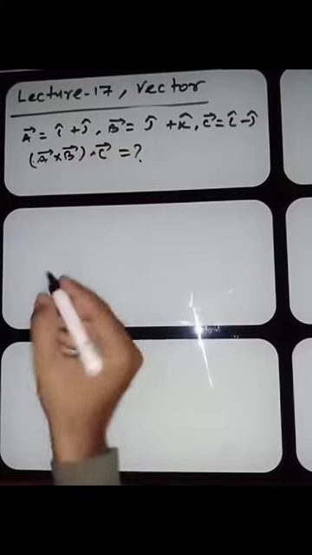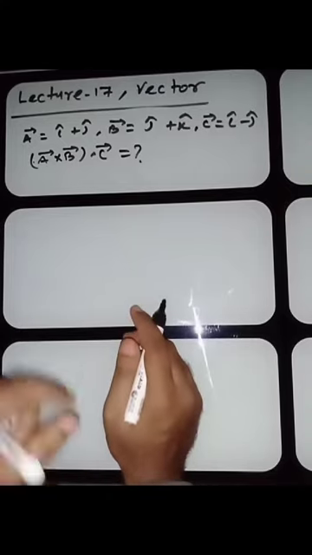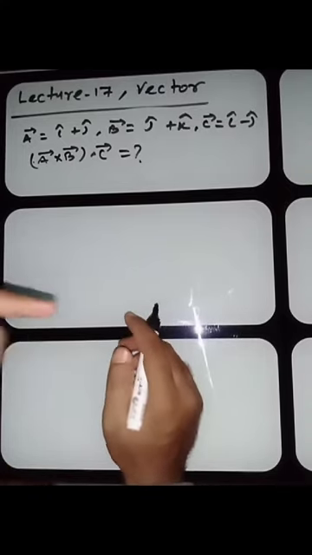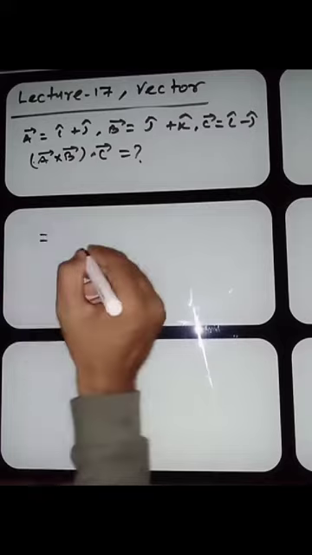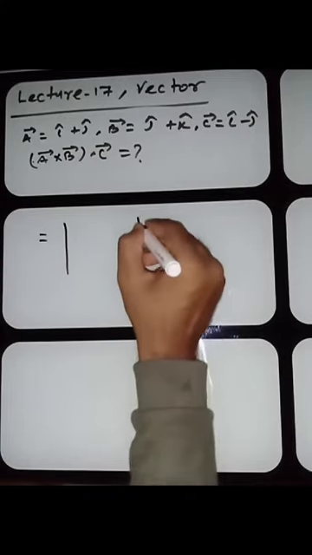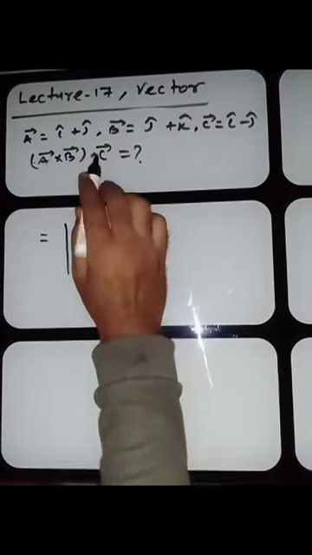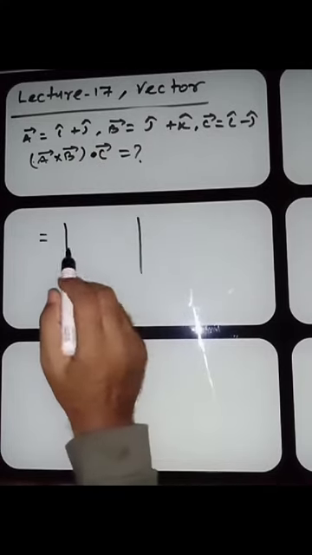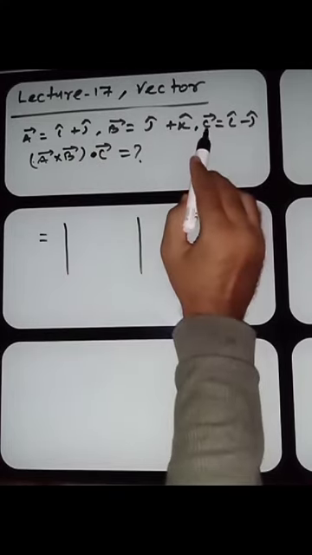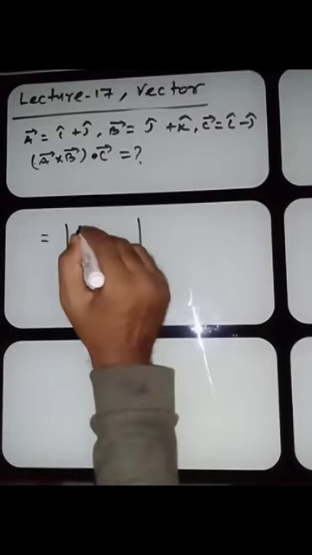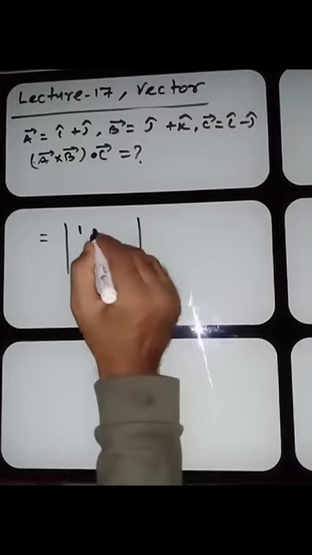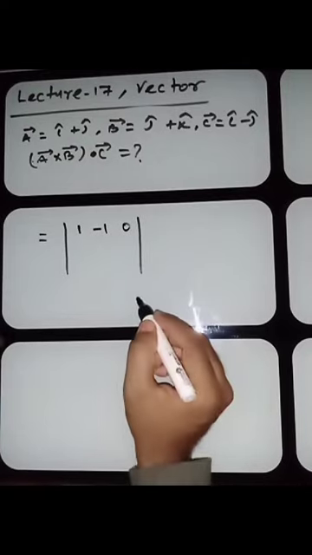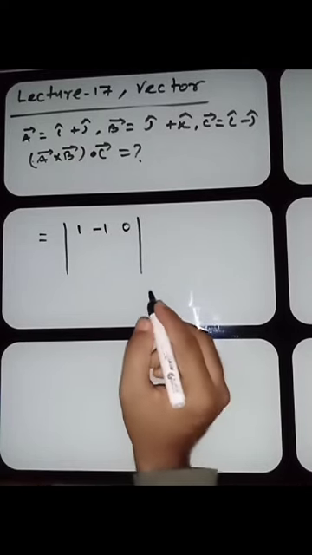This is scalar product. So we are going to solve this question using the determinant directly. It is in dot with C, so you have to put the coefficient of C first. So the coefficient of C, you can see, is 1 for i, minus 1 for j, and for k it is 0.